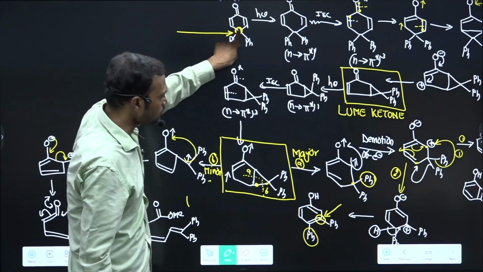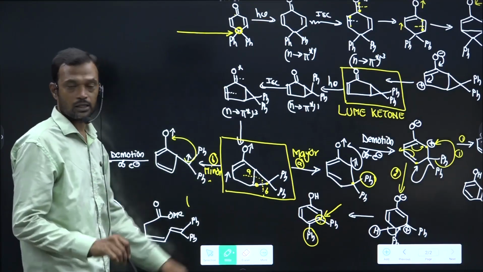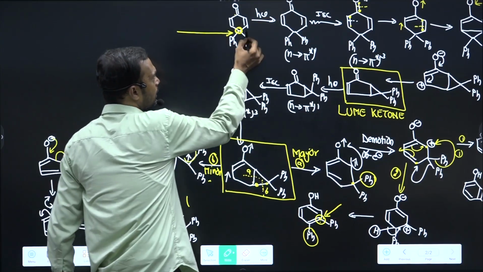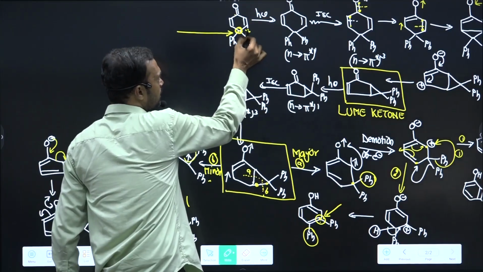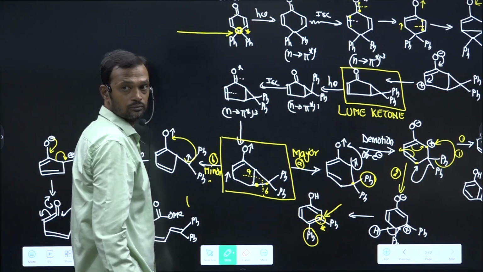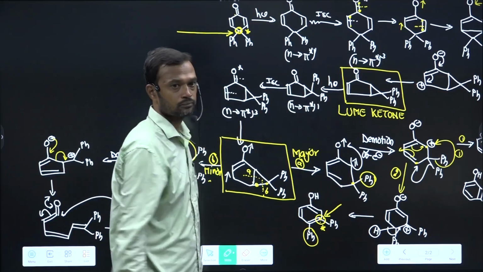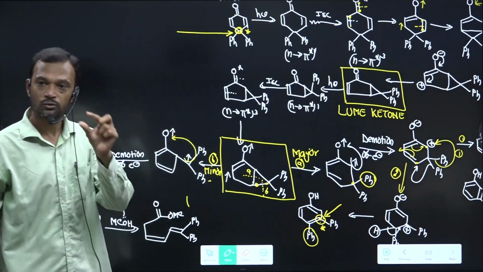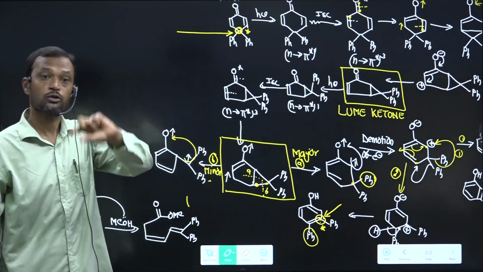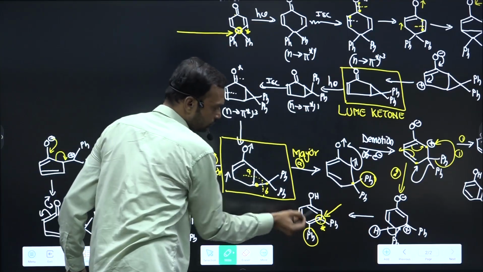Now this position comes from here to here. Indirectly I am saying that if there is an asterisk symbol, an isotope, if this carbon is an isotope, now this isotope comes here. Clear? That rearrangement you need to remember. What is the position of that carbon, where it goes, and which group is migrating. So don't think that this position belongs to this one.